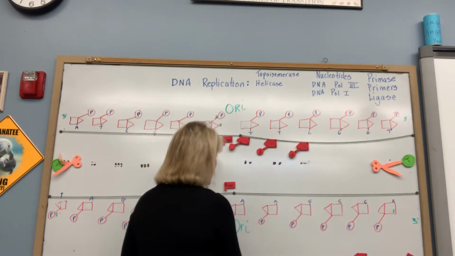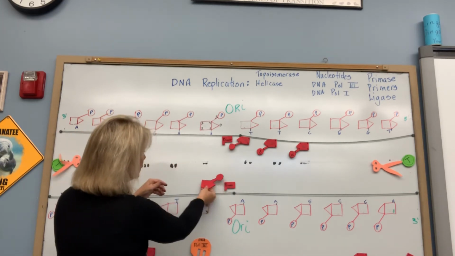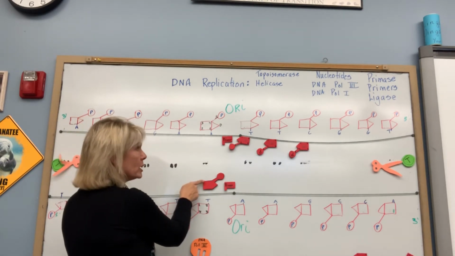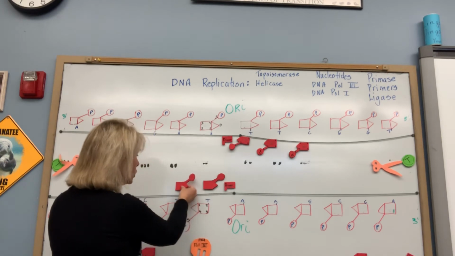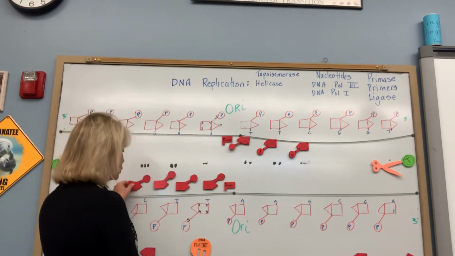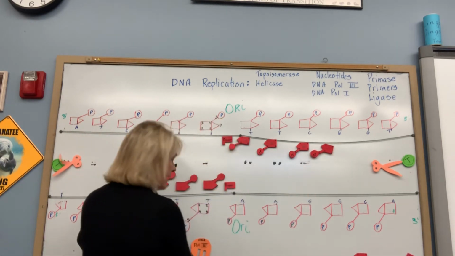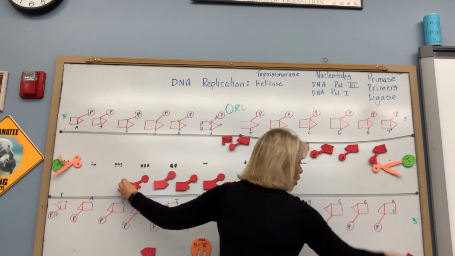At the same time, down here on the bottom, this nucleotide has come in, and it says, this is great. This is my 3' position. I can easily add another nucleotide right along behind me. So these two strands add nucleotides easily because the 3' positions are always open.